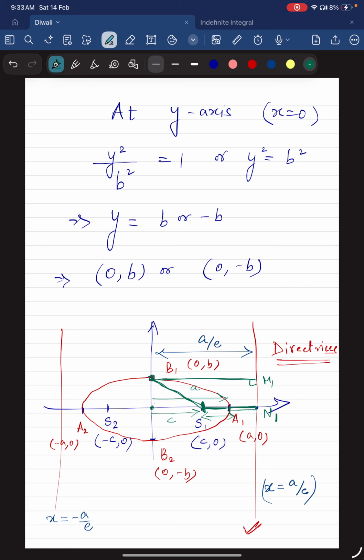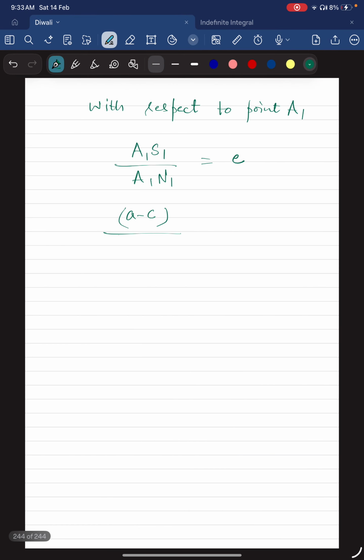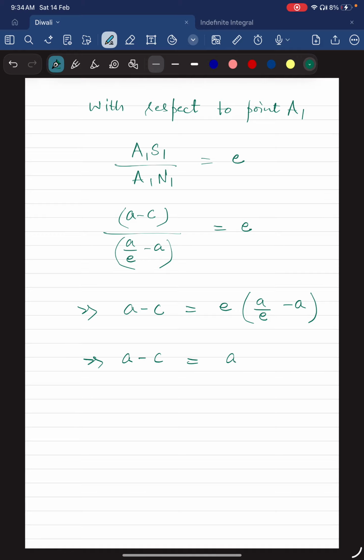The distance of point N1 from origin would be A by E. Similarly, the distance of A1 from origin is A. So A1 N1 would be A by E minus A, which is equal to E. So finally, A minus C is nothing but E into A by E minus A. Finally, I can say A minus C is equal to A minus AE. A gets cancelled out. C is equal to AE.